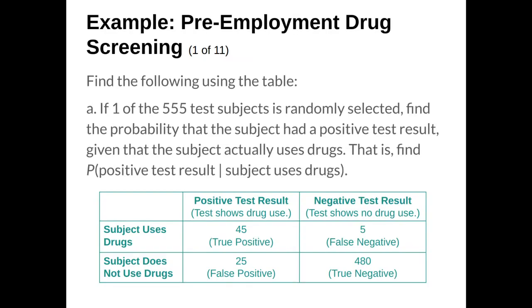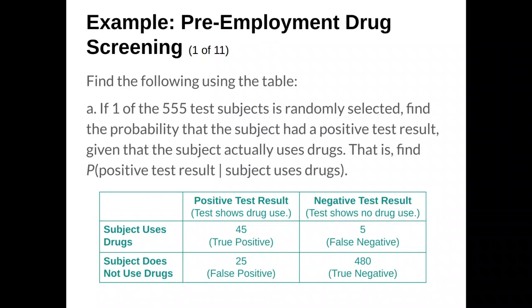So we're looking at this example here. We've got 2 parts, A and B, and they basically just flip our event A and our event B. If one of 555 subjects is randomly selected, find the probability that the subject had a positive test result given that the subject actually uses drugs. So this is looking at a drug test, say something you would take to be employed at some companies.